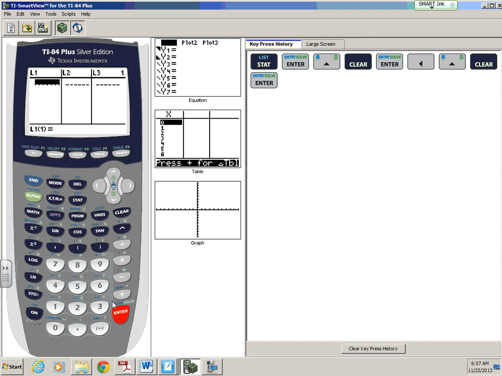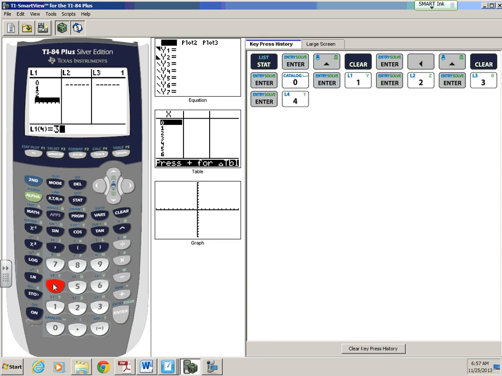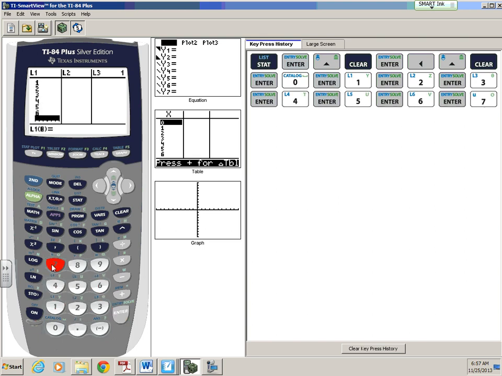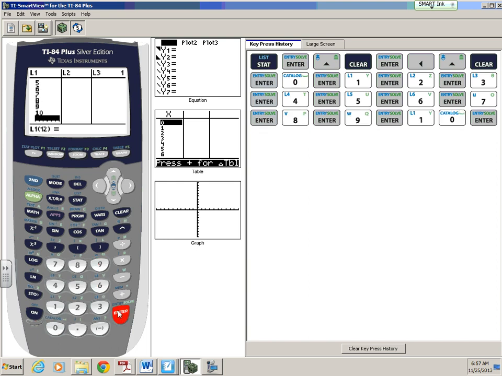So my L1 is like X. So I'm going to input my 10 years. So 0, enter, 1. Now, what's very important is you have to be accurate when you enter this data.